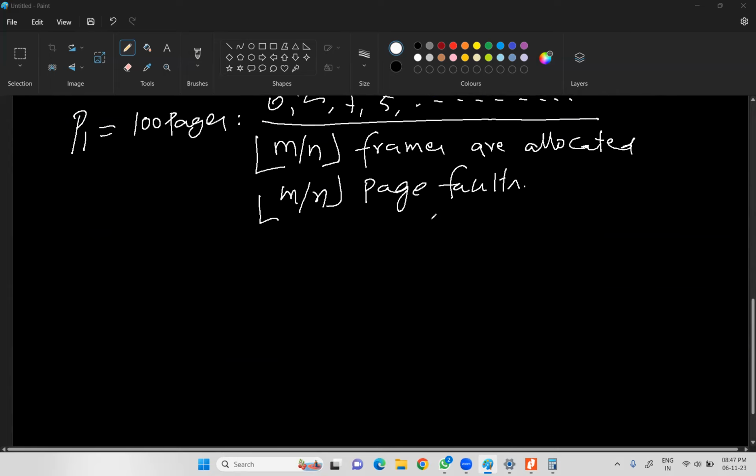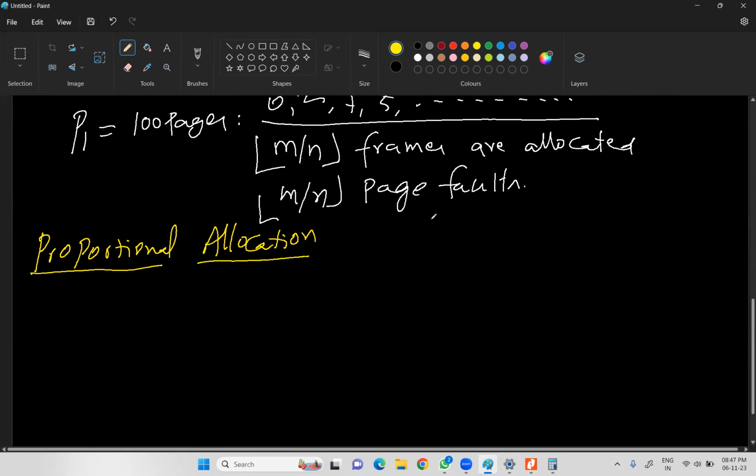Proportional allocation. What do you mean by proportional allocation here? The proportional allocation should be done something like this.